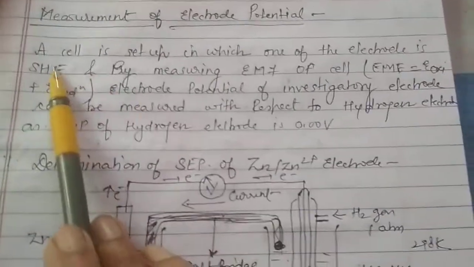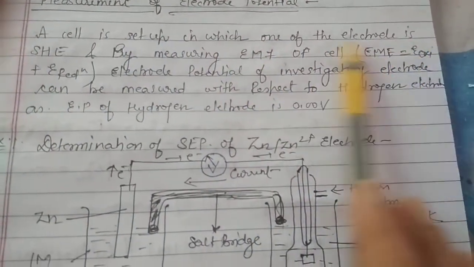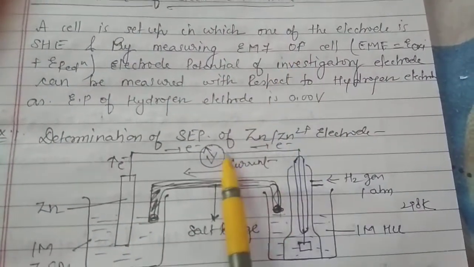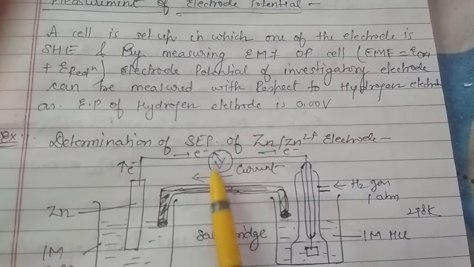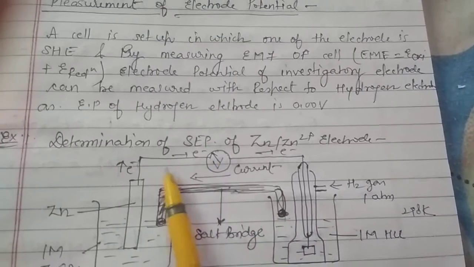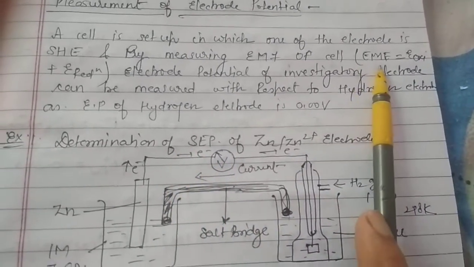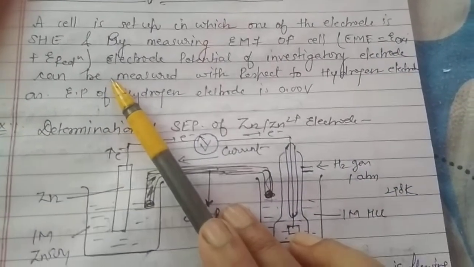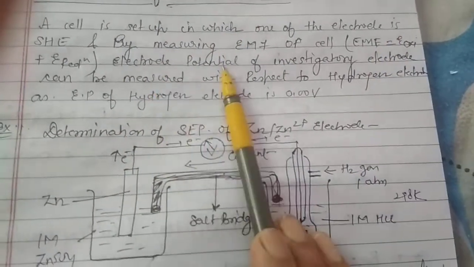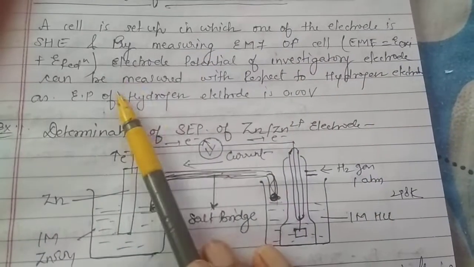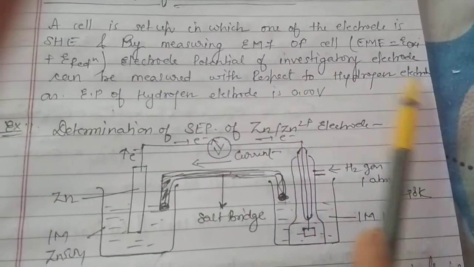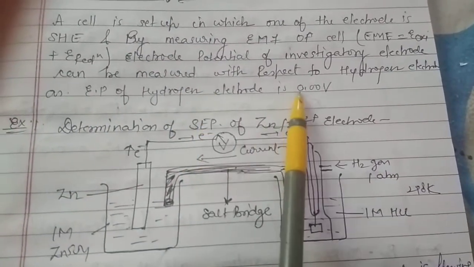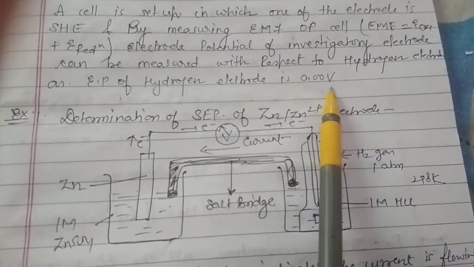So a cell is set up in which one of the electrodes is SHE, and by measuring the EMF of the cell, we would get the reading that would be the EMF of the cell. And yesterday we discussed that EMF of the cell is equal to E oxidation plus E reduction. So the electrode potential of the investigatory electrode can be measured with respect to the hydrogen electrode, as the electrode potential of the hydrogen electrode is 0.00 volt.